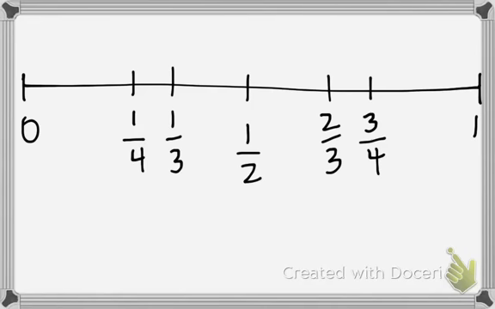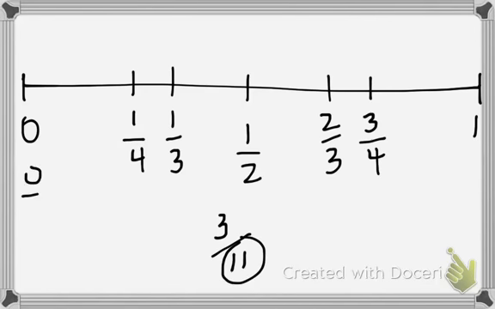And I'm going to take my fraction, whatever fraction that might be. Let's say in this case, maybe it's 3/11. And so I'm going to think of my numbers on my number line as 11ths.